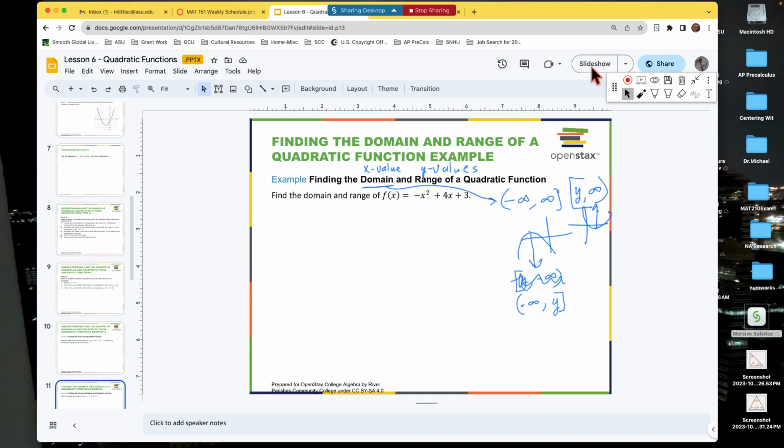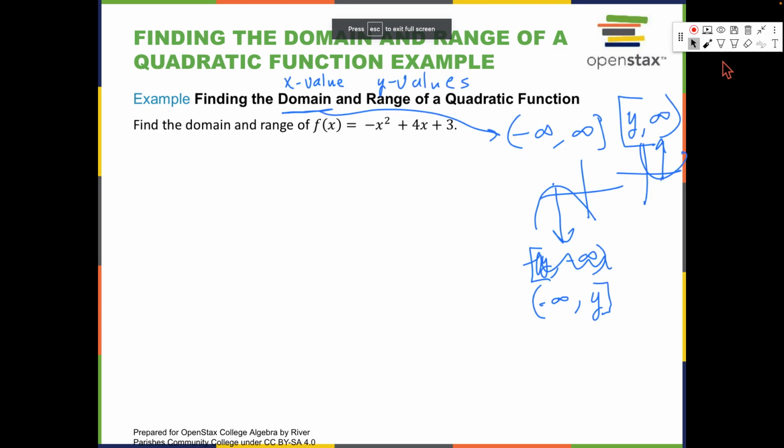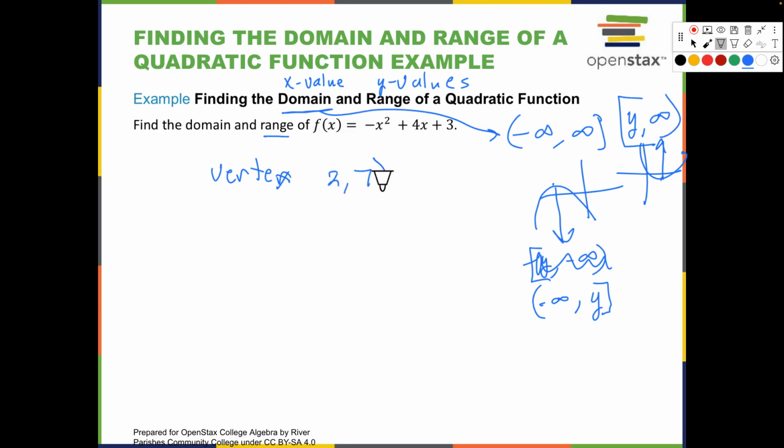So as I come back here, since it's asking for the range, I say, well, the vertex was 2.7. And so it is going downwards, so it's going to look like this.